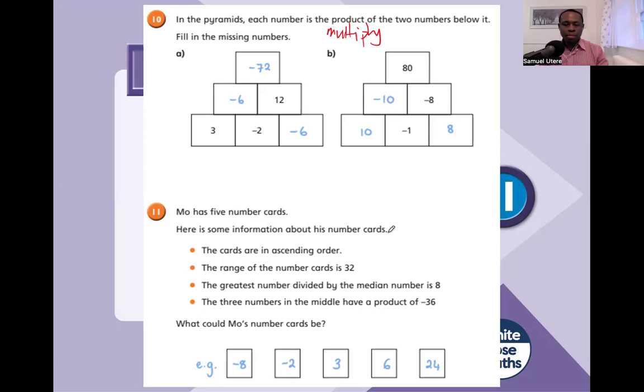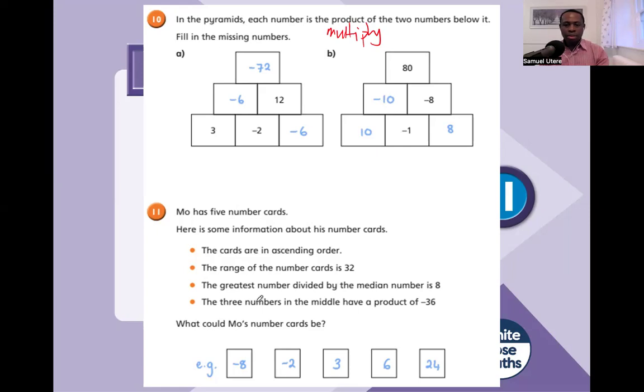Here you were asked, Mo has 5 number cards. Here is some information about his number cards. The cards are in ascending order. The range of the number cards is 32. So it means the highest minus the lowest number will give you 32. The greatest number divided by the median number is 8.